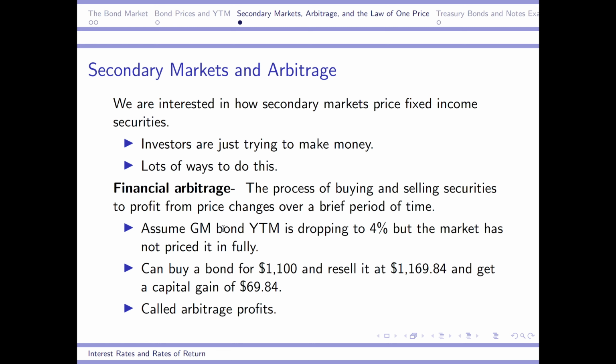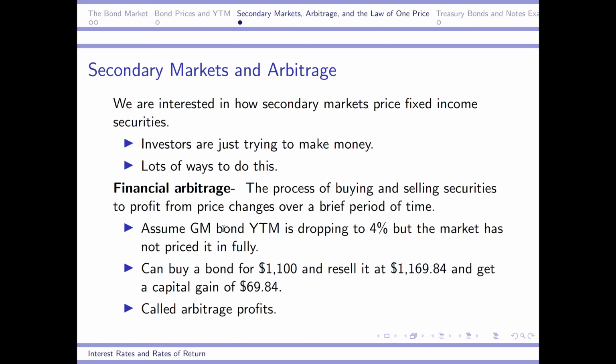And so let's just say that the bond's yield to maturity dropped to 4%, but the market has not priced it in fully. And remember, on that $1,000 bond at 5%, it's priced at $1,000. Let's say now, because the market hasn't priced in the drop to 4% fully, we can buy the bond for $1,100 because we know it's going to drop to 4%.